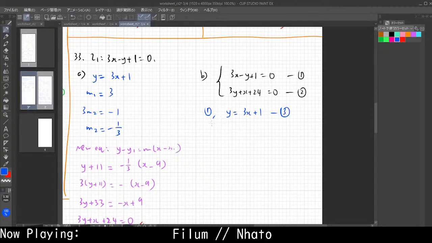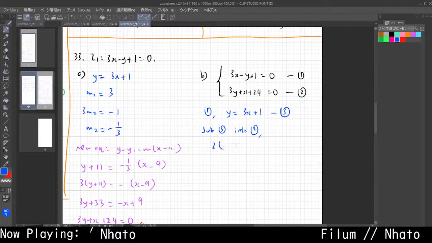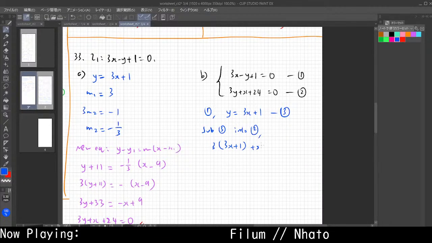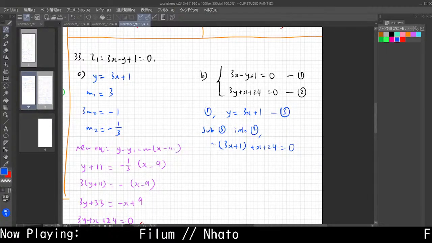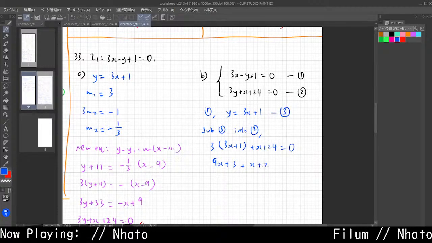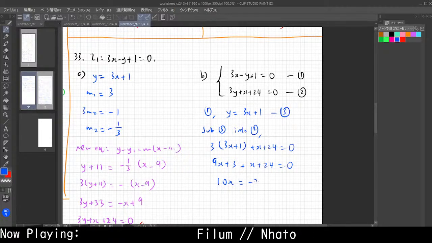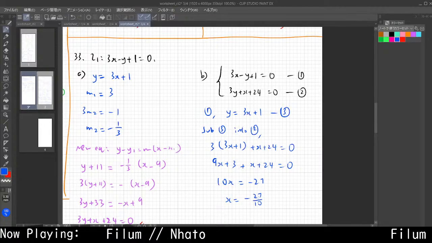This is equation 3. Sub 3 into 2. I get 3 bracket 3x plus 1 plus x plus 24 equals 0. 3 times 3, 9x, plus 3 plus x plus 24 equals 0. 10x, 3 plus 24, 27, bring over, become minus. x equals to negative 27 over 10.